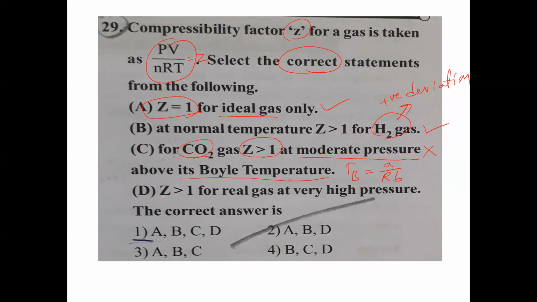And the next one is Z value greater than 1 for a real gas at very high pressure. D is also a correct statement.